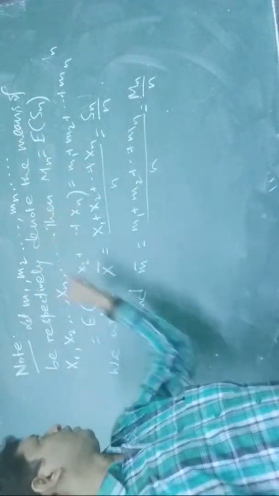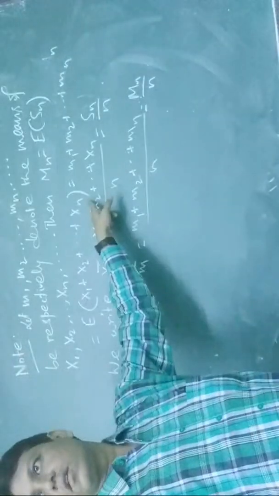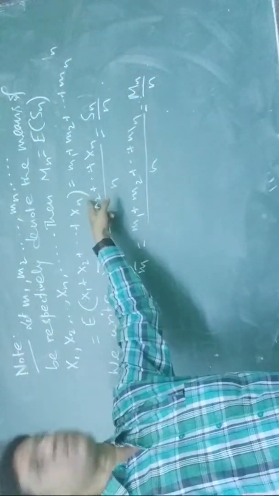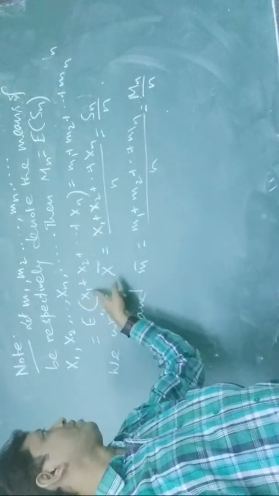And what is your Sn? Sn is the sum of these n random variables x1, x2, xn. Expectation of x1 is m1, expectation of x2 is m2, etc. Expectation of xn is mn.